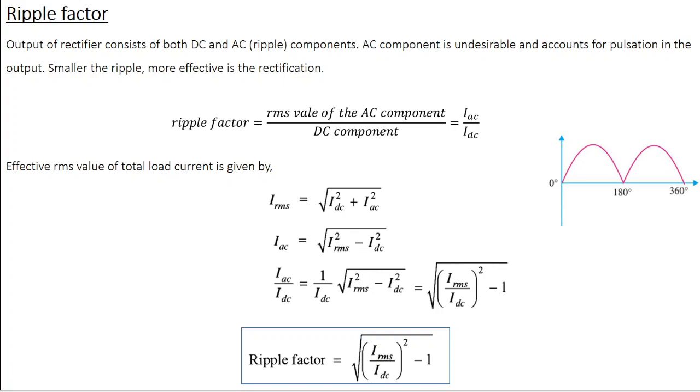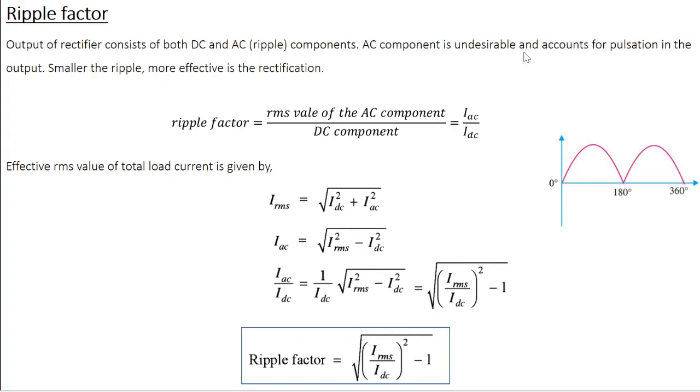Another important parameter which characterizes the rectification is ripple factor, because if you look at the output of a half wave rectifier or a full wave rectifier, this is not a clean DC, right? Even though the direction is same, the amplitude keeps changing, which means there is an AC component in addition to a DC component, and the AC component is known as the ripple component.